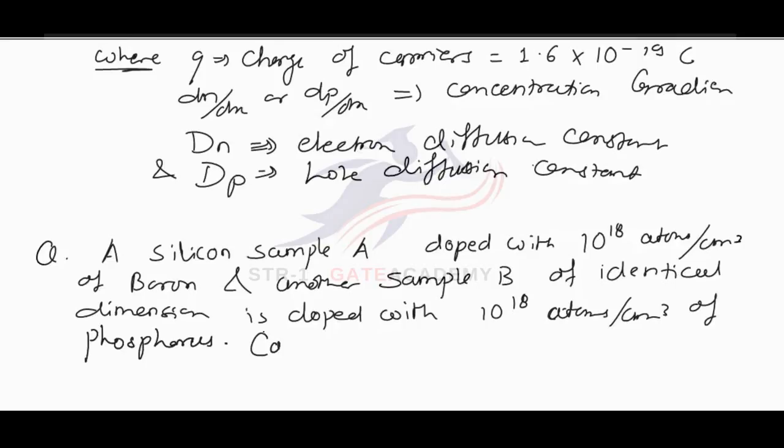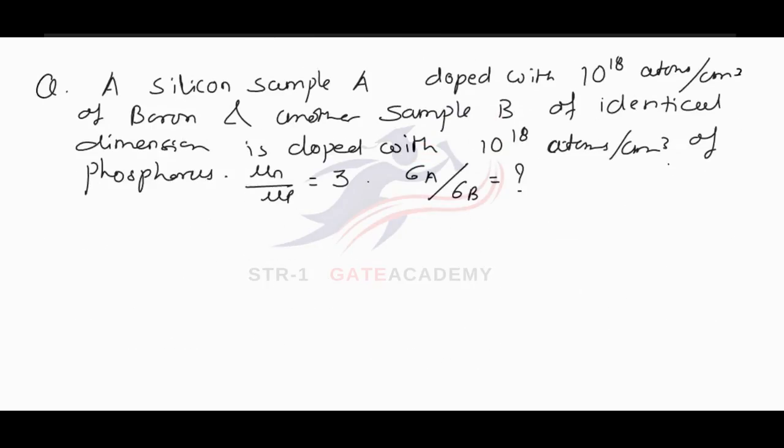The electron to hole mobility ratio, mu n by mu p, is equal to 3. Calculate the ratio of conductivity of sample A to conductivity of sample B. This question was asked in GATE 2005.